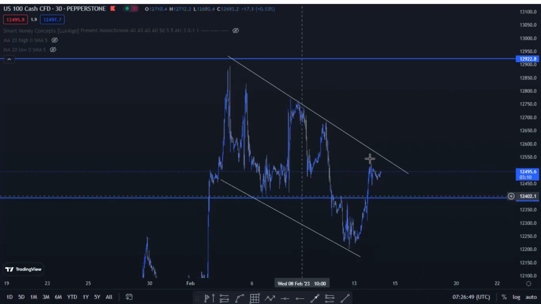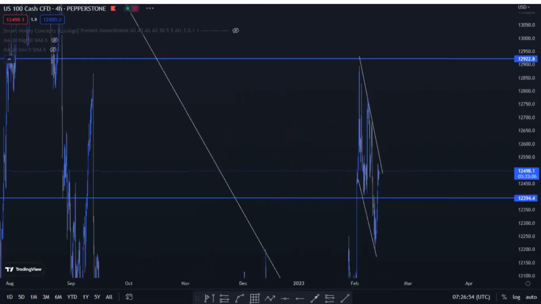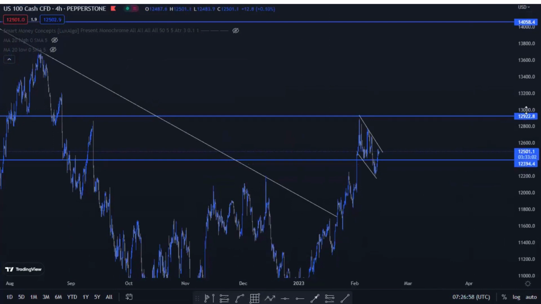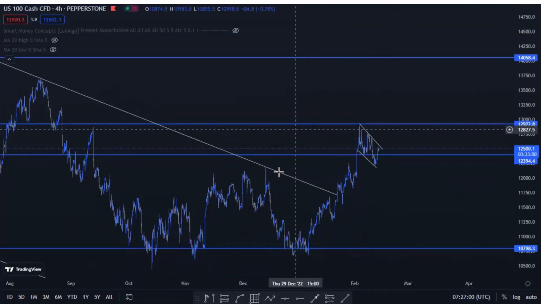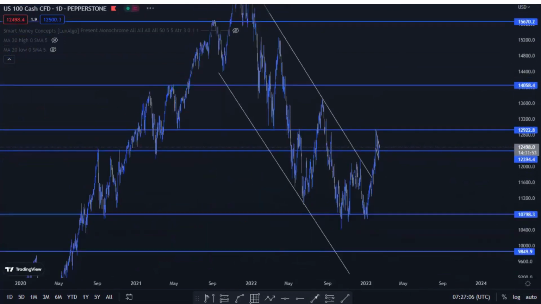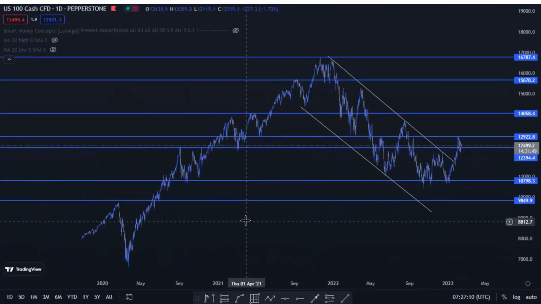So as I was looking at NAS100, this is what I see. As you can see, I drew some levels right here on a higher time frame. I'll be revealing the moving averages, by the way.